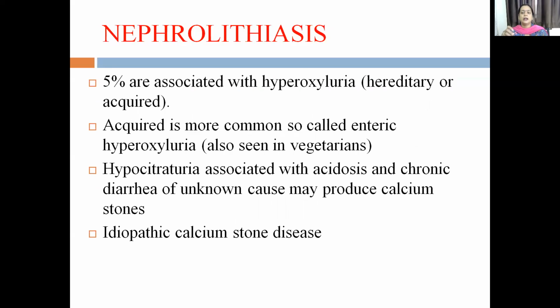Acquired is seen in enteric hyperoxaluria, that is seen in vegetarians. Hypocitraturia associated with acidosis produces calcium stone, or it can be related to idiopathic calcium stone disease.